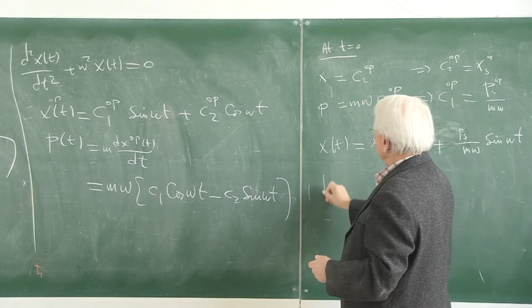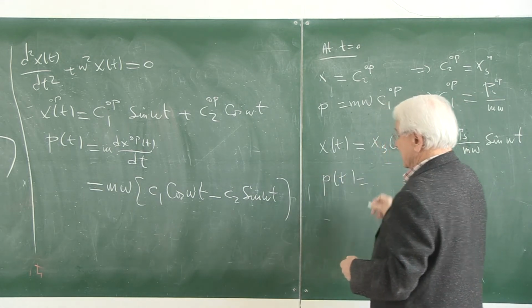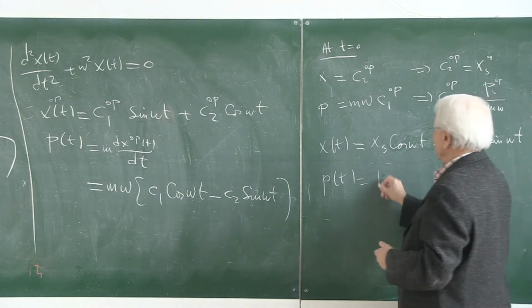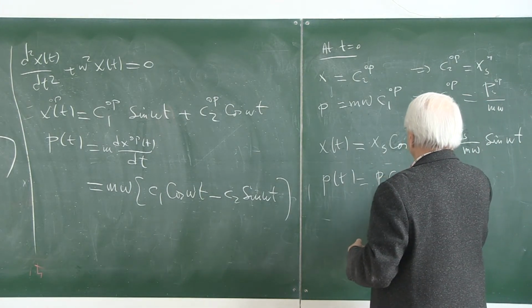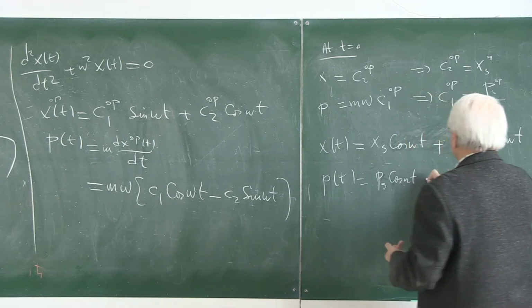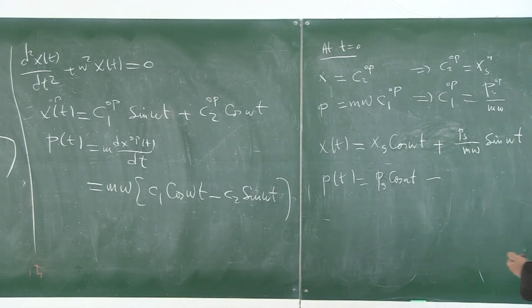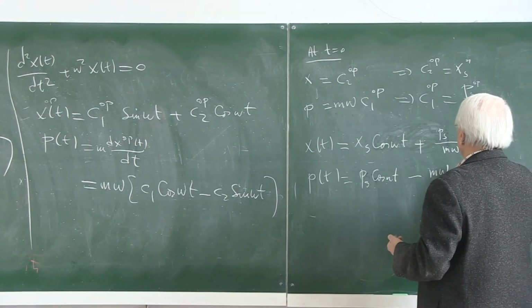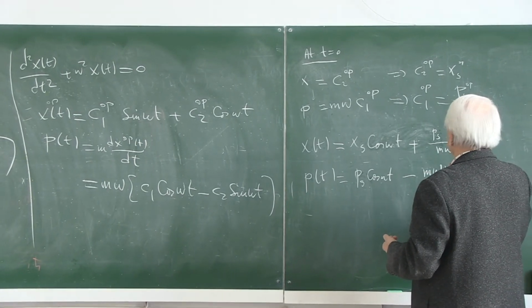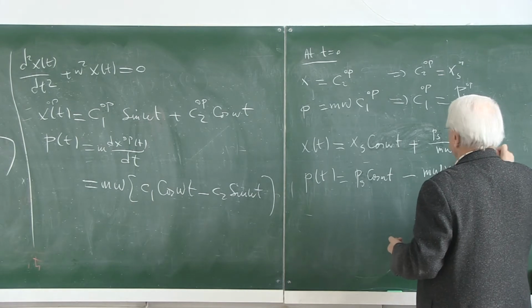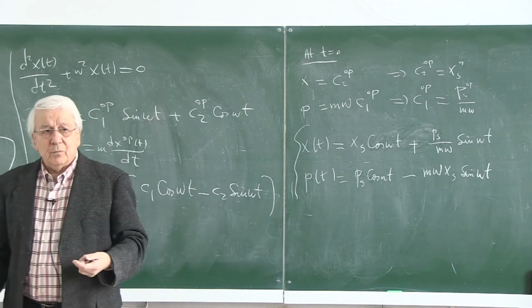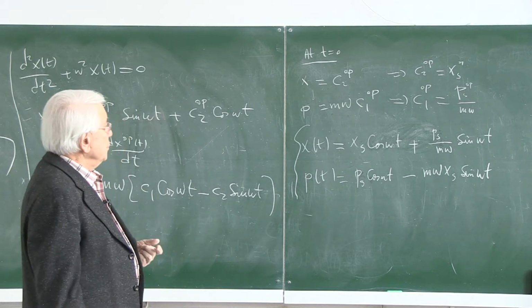And the second one, p of t, is m omega times C1, which is p Schrödinger cosine omega t, minus m omega times C2, so m omega x Schrödinger sine omega t. So determined, we have been able to find x of t and p of t.